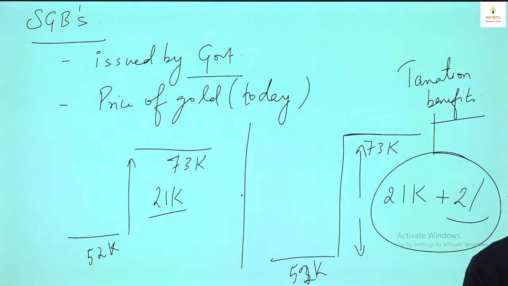Okay, write it down. Gold monetization scheme was to attract those people who have gold jewelry which is no longer useful for consumption.